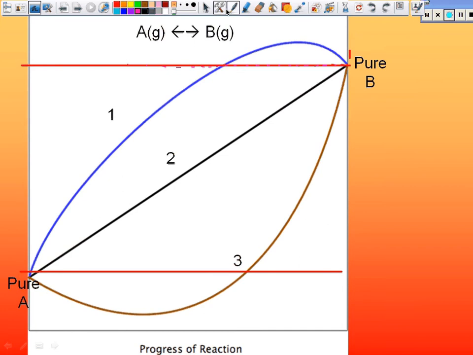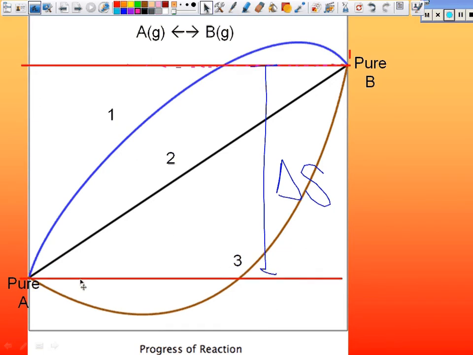Draw a straight line from the origin, from where all pure A is, to where pure B ends. And this is the part that I'm referring to. Once you draw the straight line, make sure you get this part.